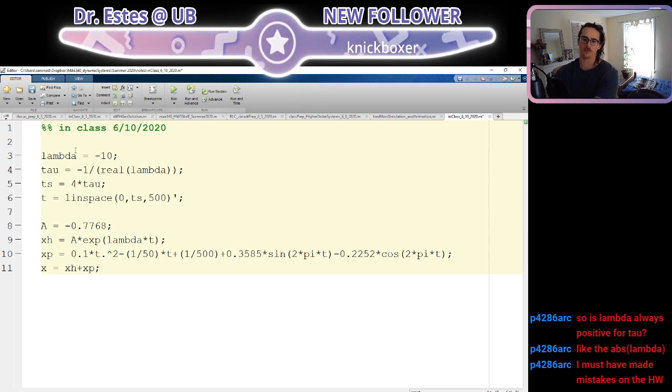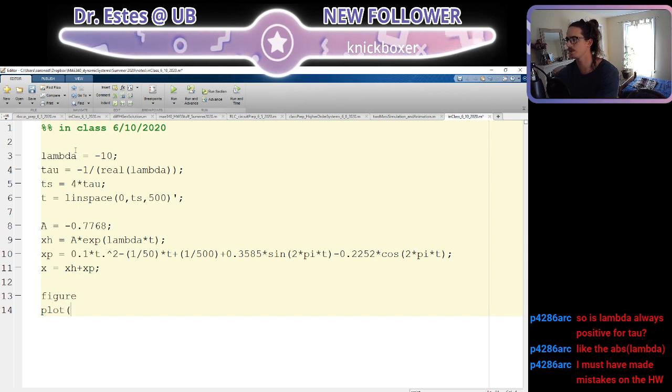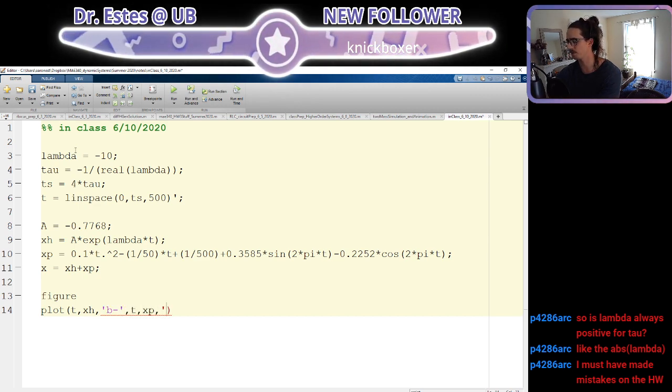And the reason I wanted to break these up too is I want to show you all on the same plot. I want to show you the homogeneous part. Let's do that in blue. I want to show you the particular part. Let's do it in red. And the combined one, let's show that in black.